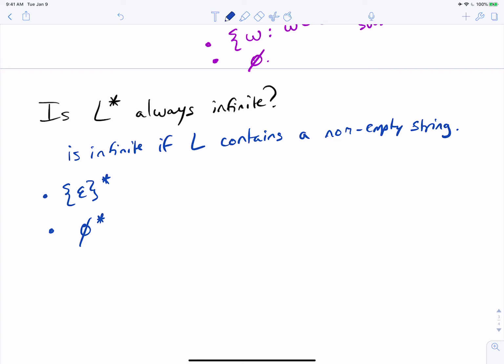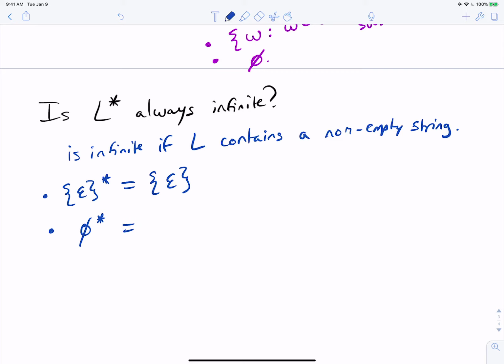Still the empty string. Well, what string is always in the star of any language? Empty string. So what is this equal to? Empty string. Good. And that's not infinite because there's only one string in it.